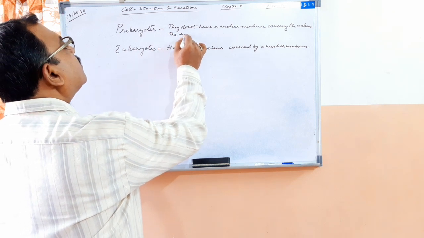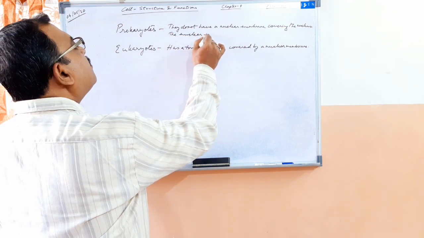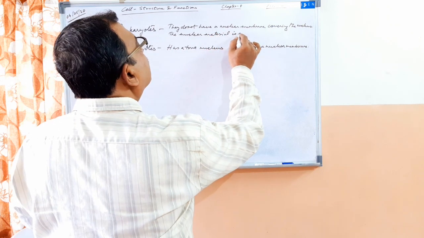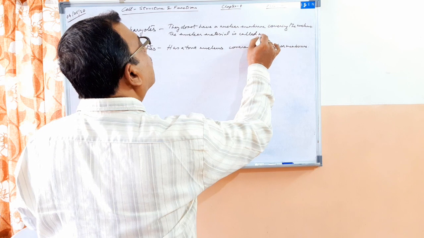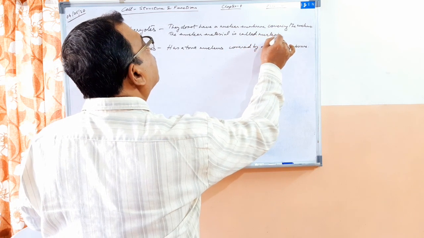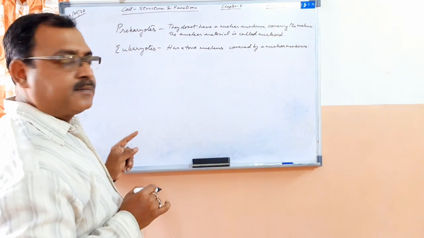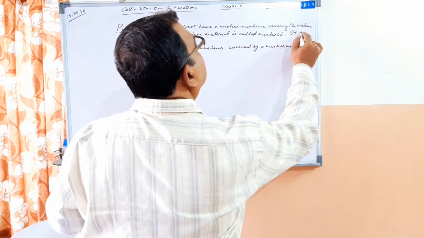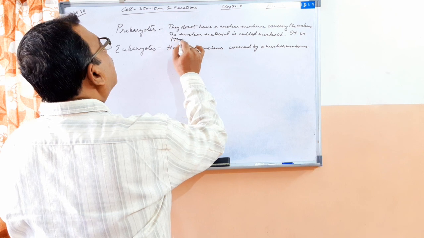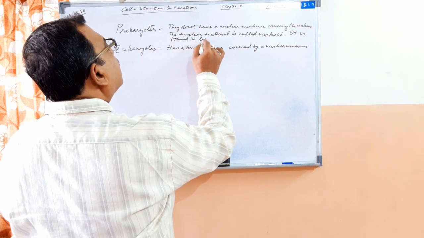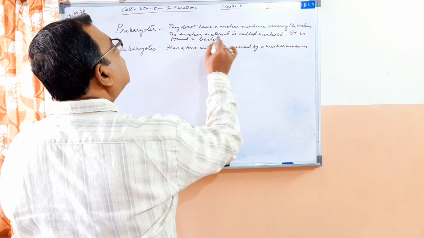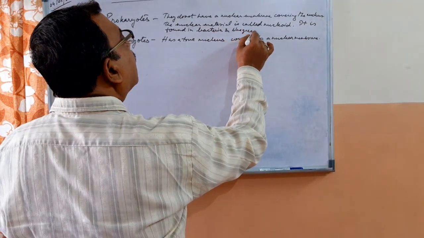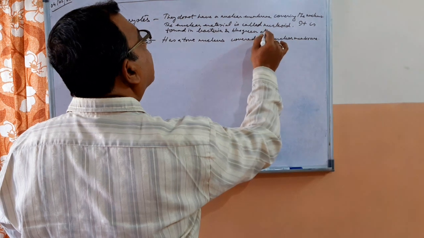So, the nuclear material is called nucleoid, right? And it is found in bacteria and blue-green algae.